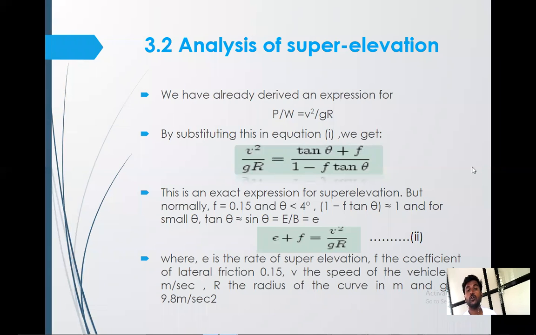In such a case, we have to design the velocity such that there is no overturning or skidding of the vehicle. How? I will tell in the next slide.